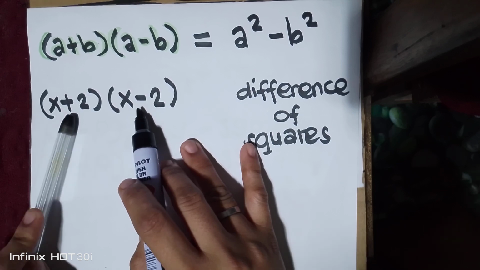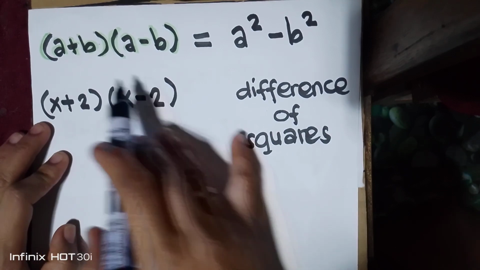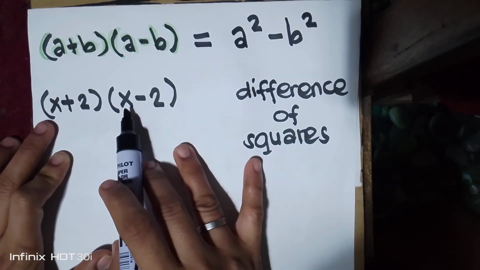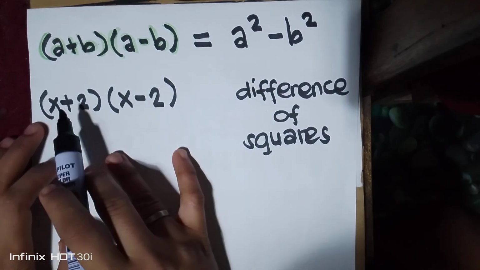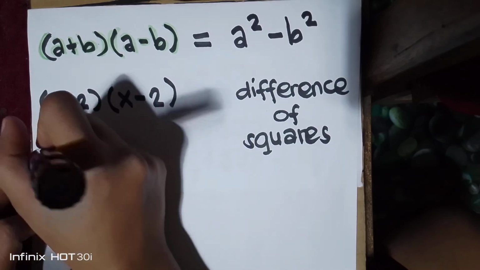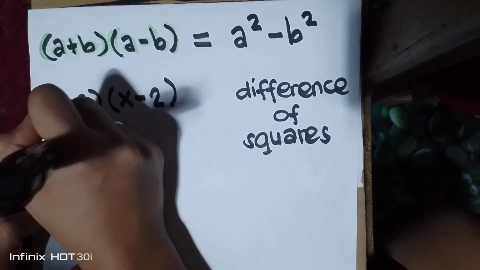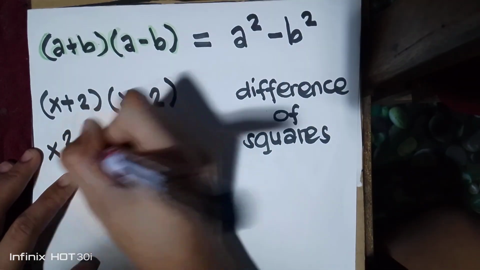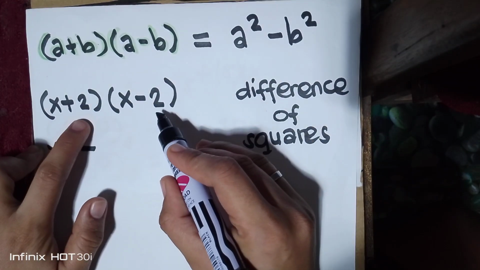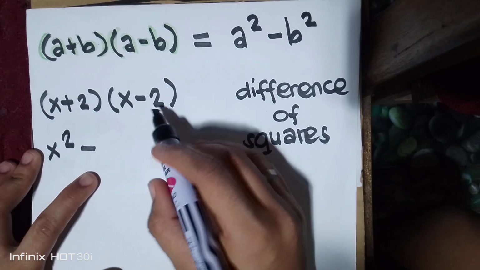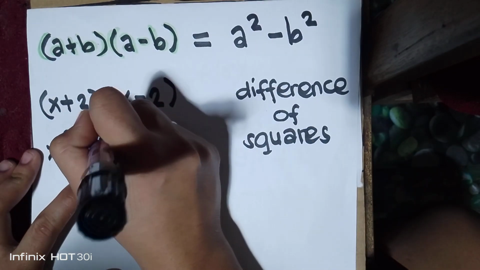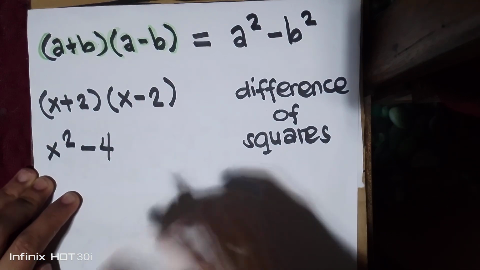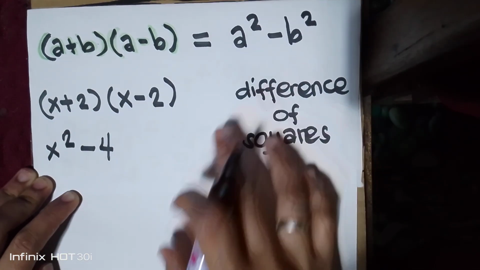So we have plus and minus. Therefore, we can use this pattern. So all you have to do is to square the first term, x squared, and then copy the sign, then square the second term, which is 4.